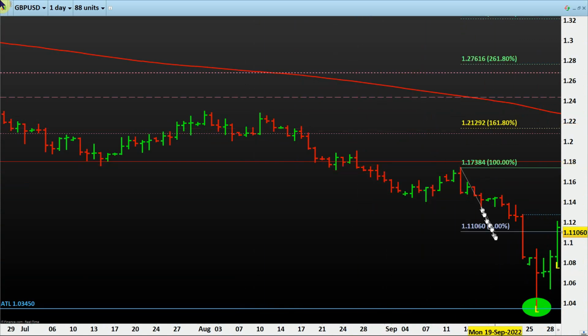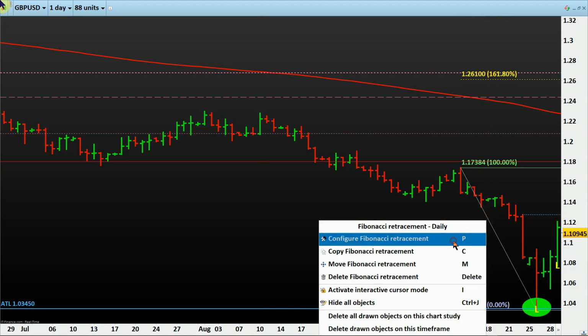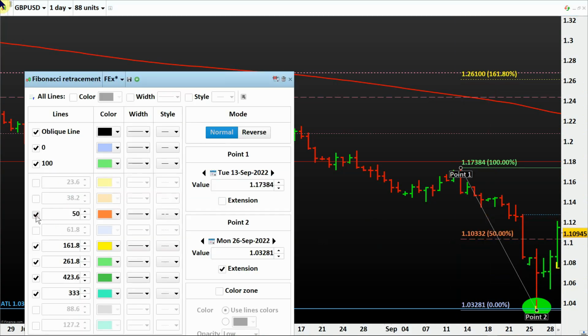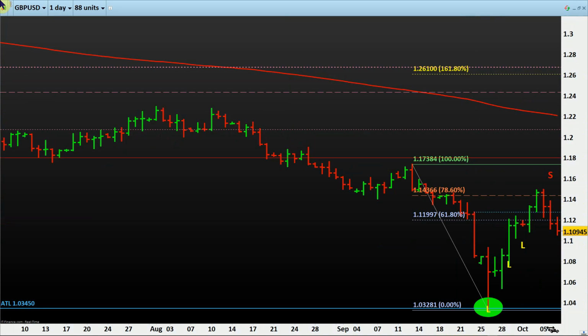So our answer to that question is to draw a Fibonacci from here to here and see the levels of 50, 61.8, and then 78.6. So you can have 50 and 78.6 and look for a reversal around that, either at 11197 or 11436, and see what happened. It exactly went up to 78.6 and did a crack and snapback.